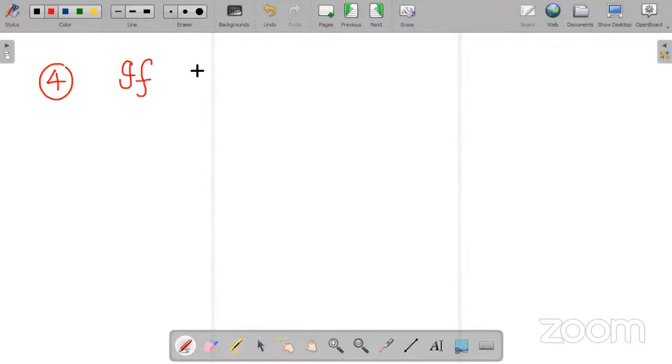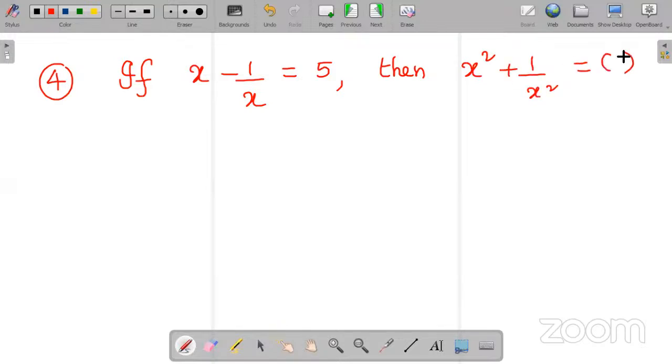If x minus 1 by x is equal to 5, then x square plus 1 by x square is equal to: option A 25, option B 10, option C 23, option D 27. Which is the right option? Try yourself.